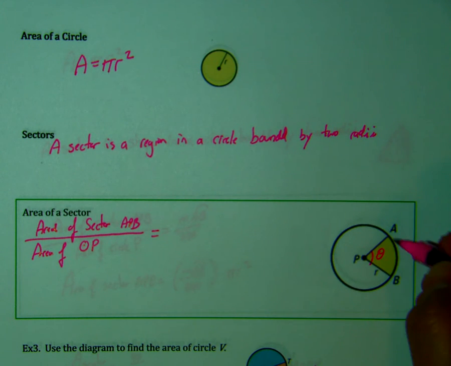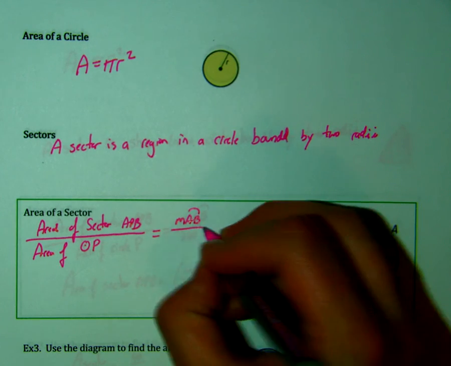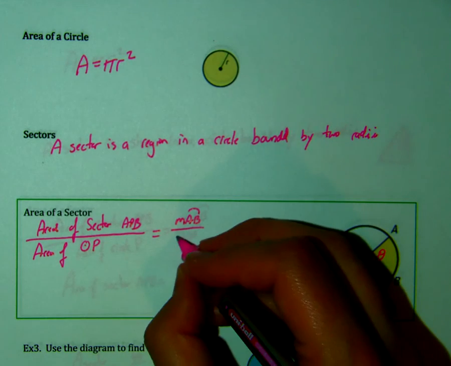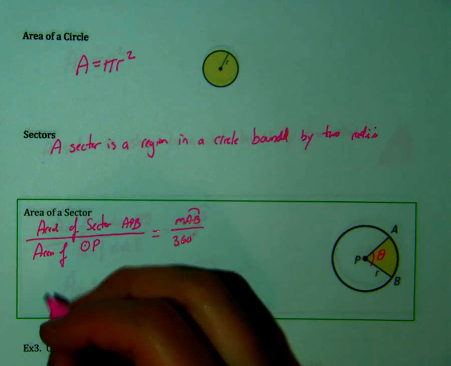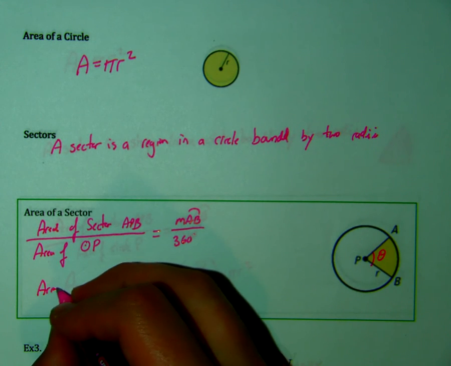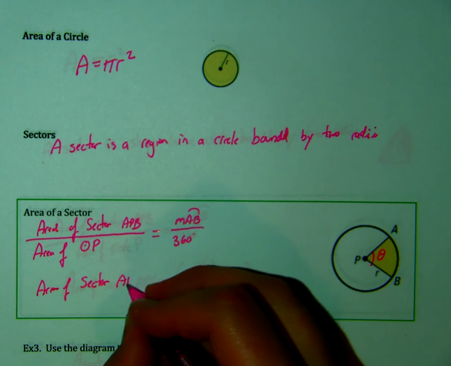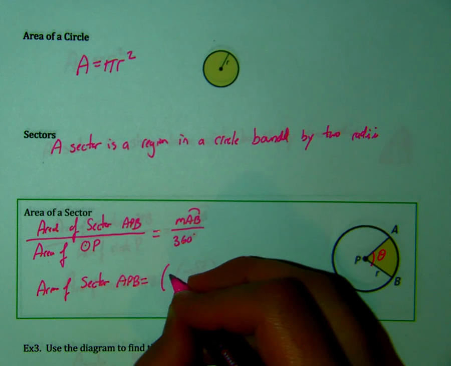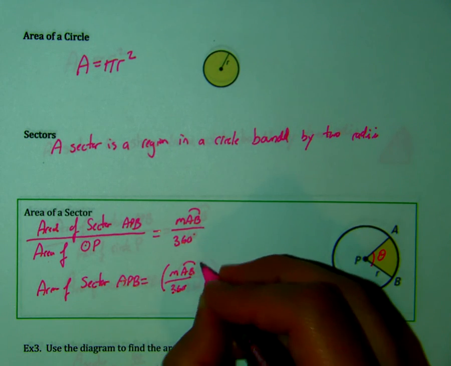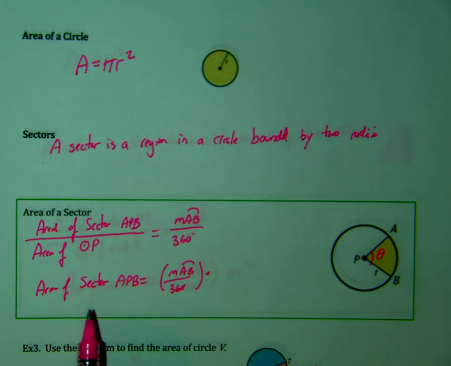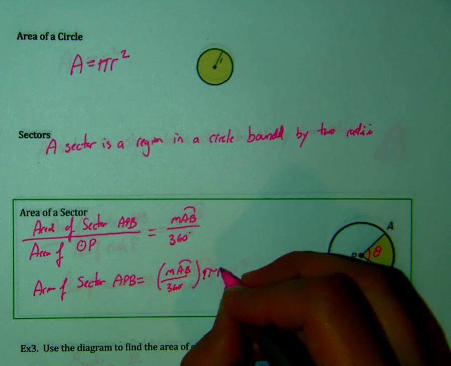So the measure of this arc compared to the measure of the whole circle, which is 360 degrees. And again, if you multiply by the area, we get our formula. So the area of the sector APB is a fraction, the measure of AB over 360, of the area of the circle, which is just pi r squared.